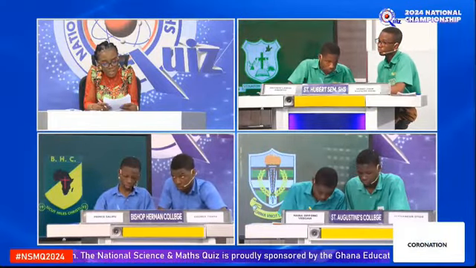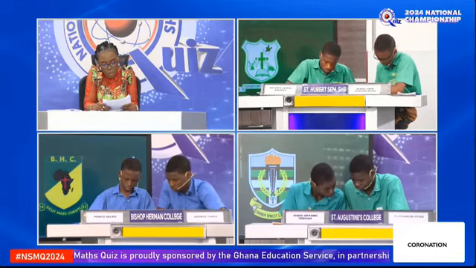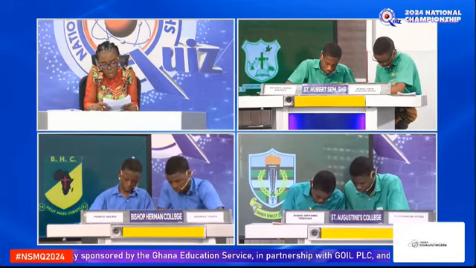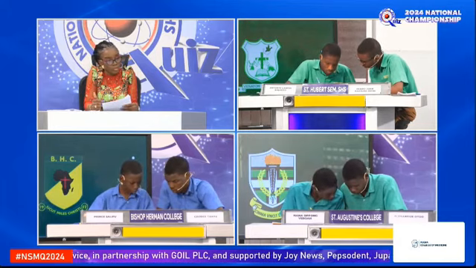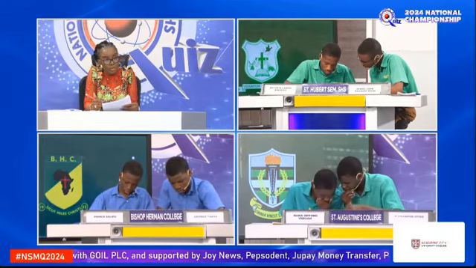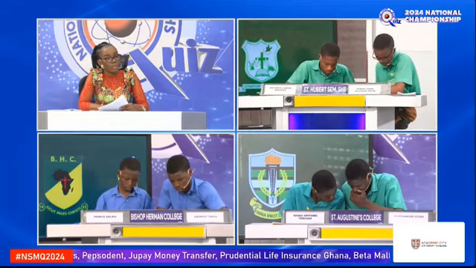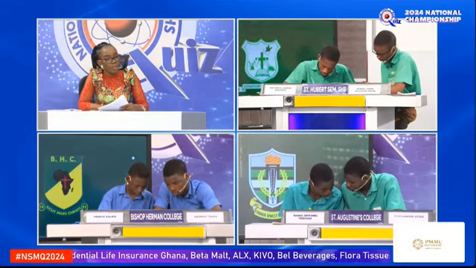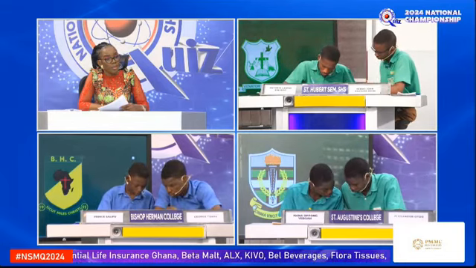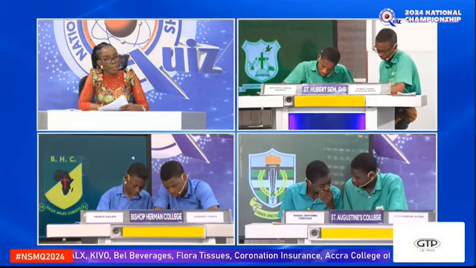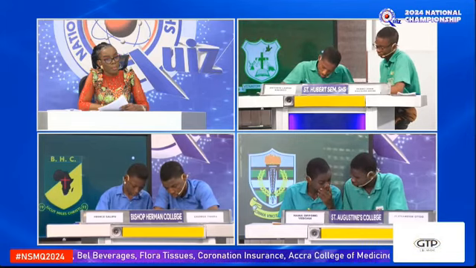Seconds. Calculate the radius of gyration of a uniform hoop of radius 0.1 meter and mass 2.1 kilogram. 0.1 meter.